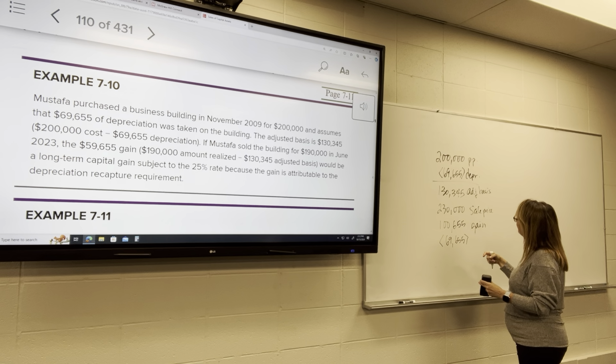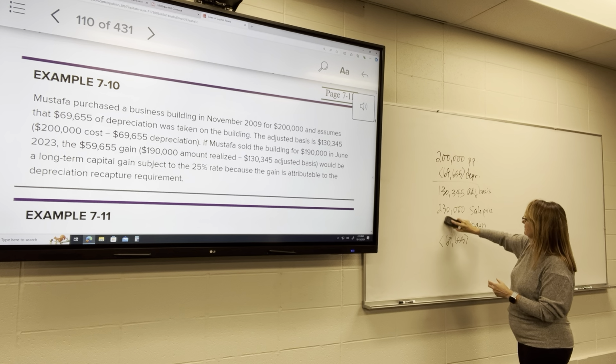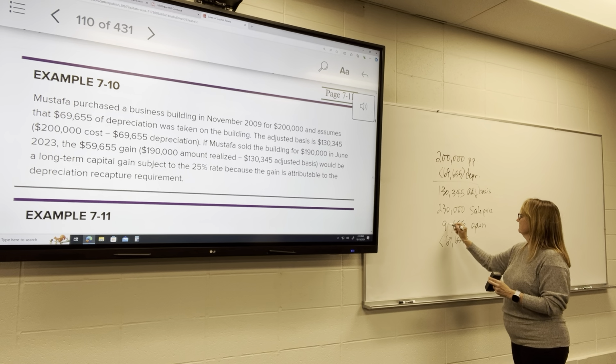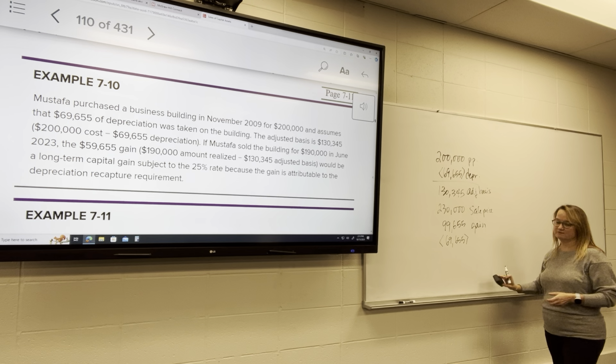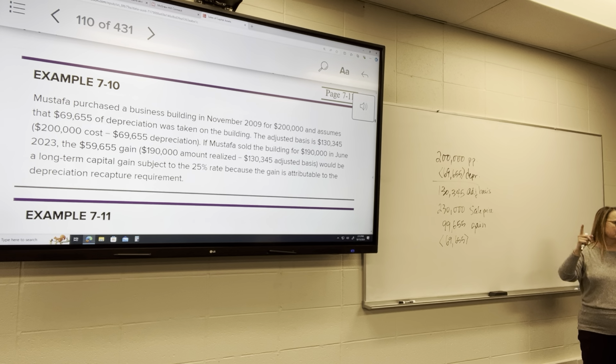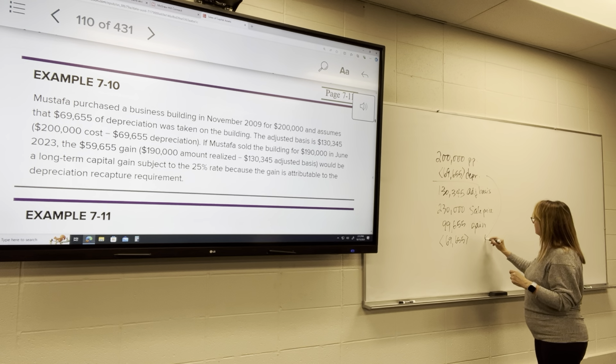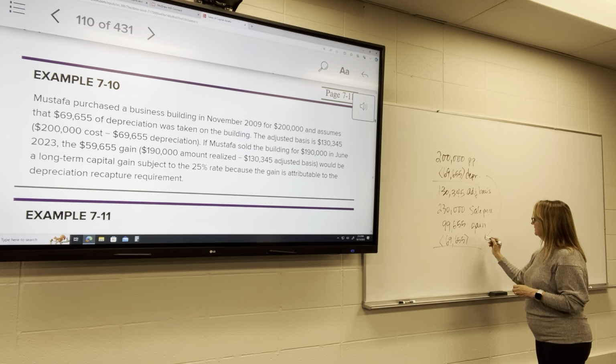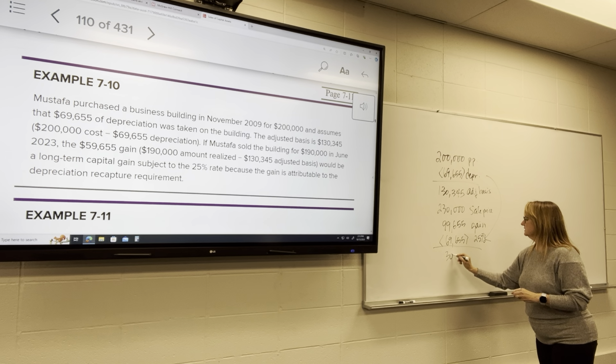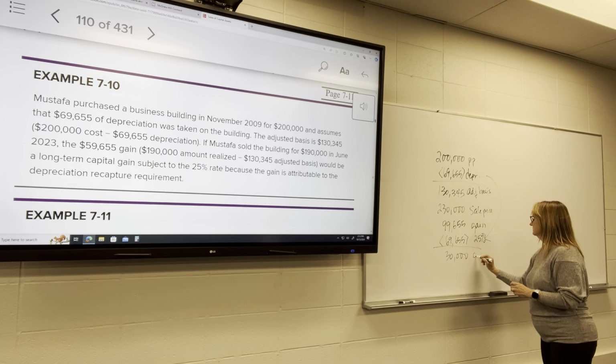Is that right? Yeah. No, 99, sorry. 99,655 is the gain. Sorry, I was going the opposite direction there. So take that. This is going to be the 25%. This is the capital gain part.